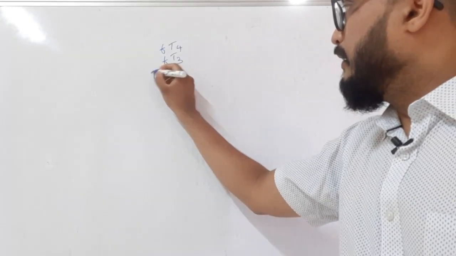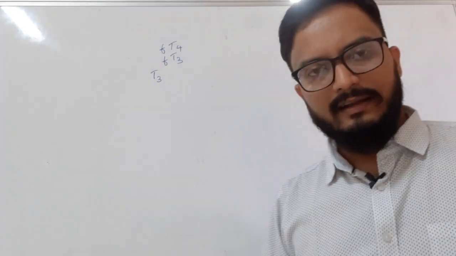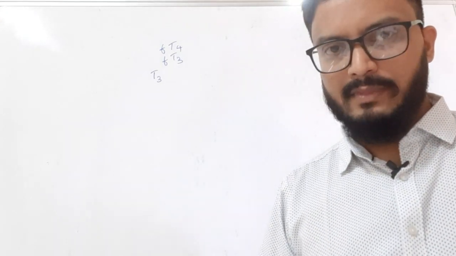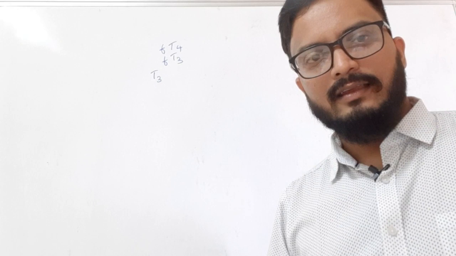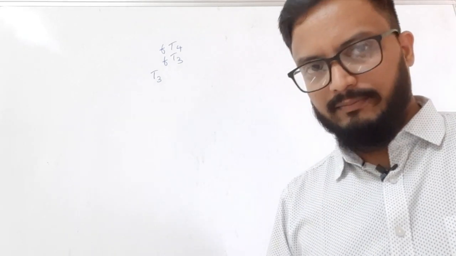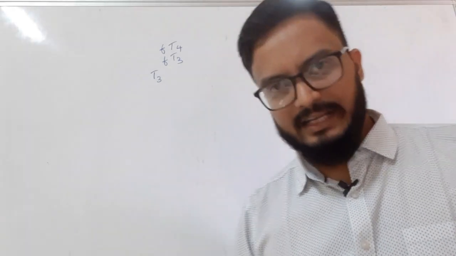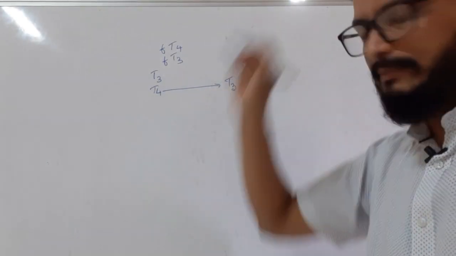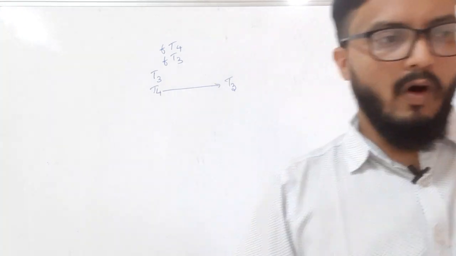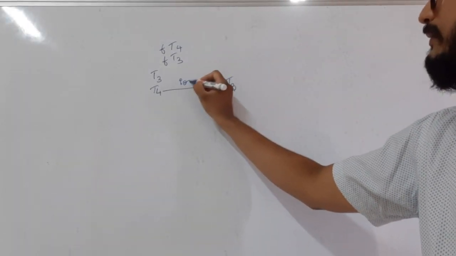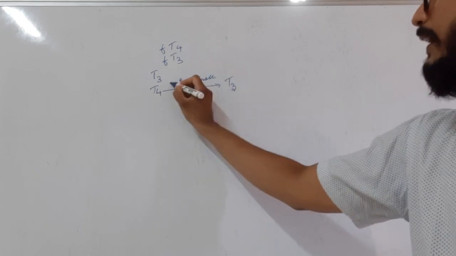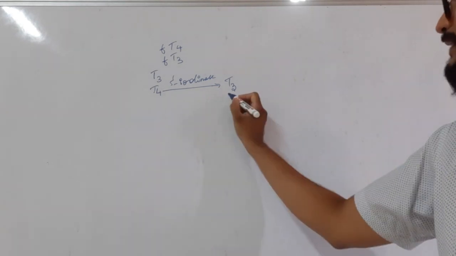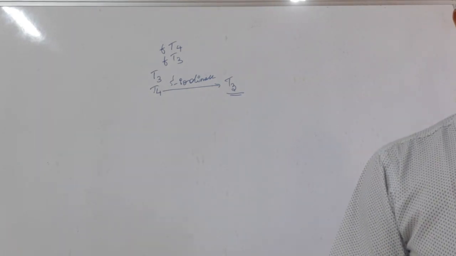T3, we have already seen, is the most potent hormone. It is about 5 to 10 times more potent than the T4. But T4 is produced in a very large quantity. Therefore, in the peripheral tissues, the T4 is converted into the T3 with the help of iodinase, or 5' iodinase, which converts the T4 into the T3 in the peripheral tissues.